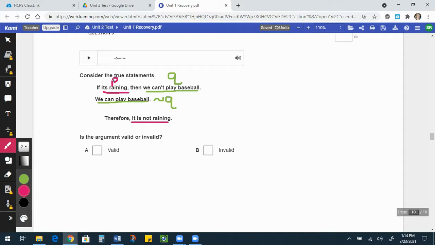Not raining would be negated P. All right, so let's list it out. First sentence, if P, then Q. Negated Q. Therefore, negated P. Does this match any of your laws? Yes, this matches the second law. Therefore, this argument is valid.